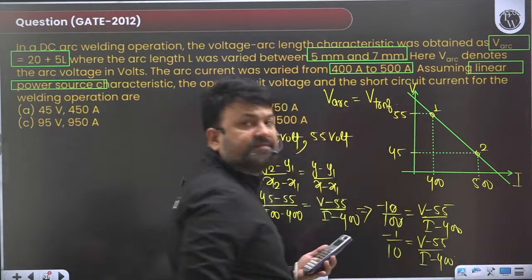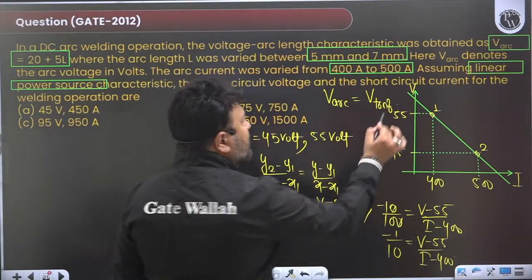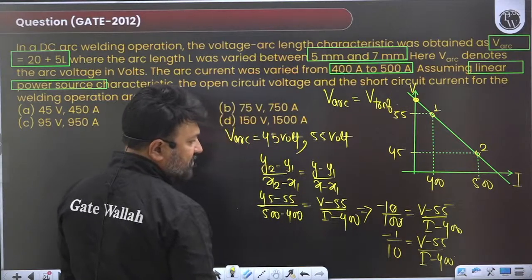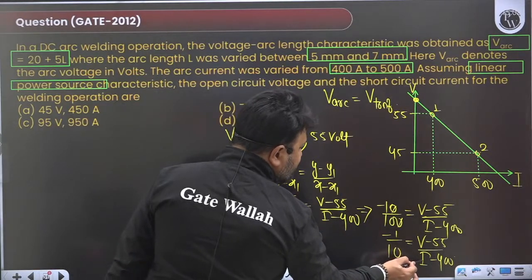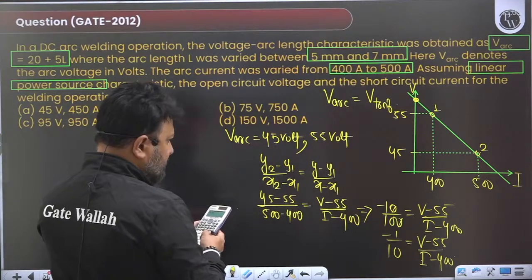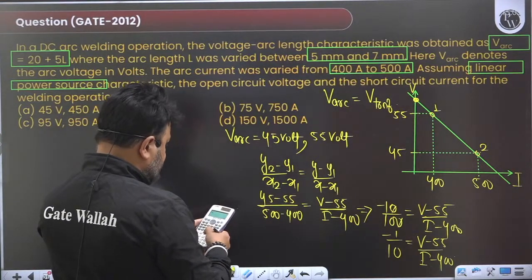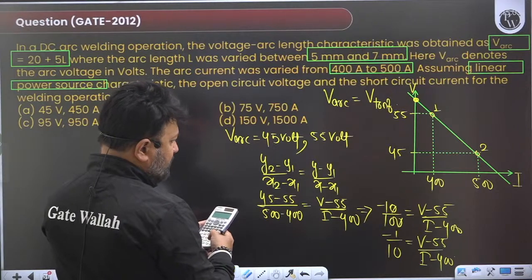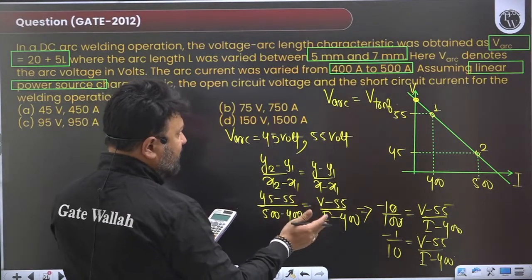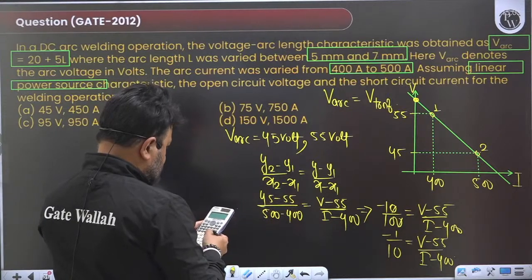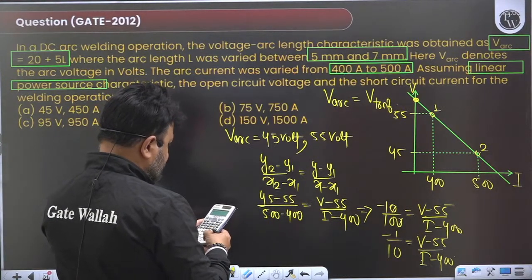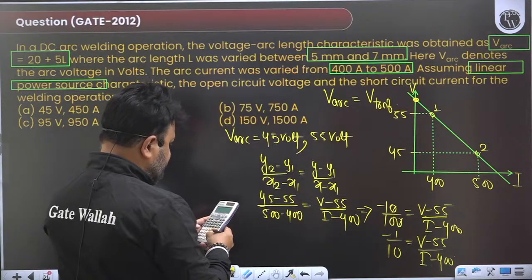Now it is very easy. When the current I is 0, then minus 400, so 400 divided by 10 plus 55.